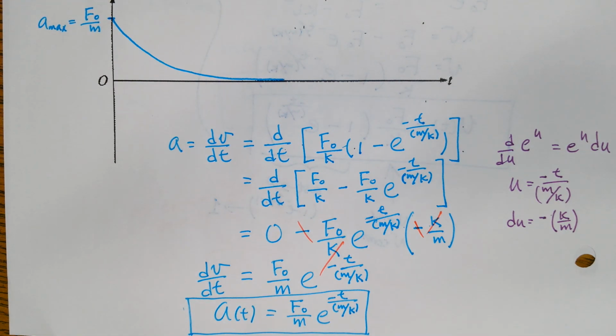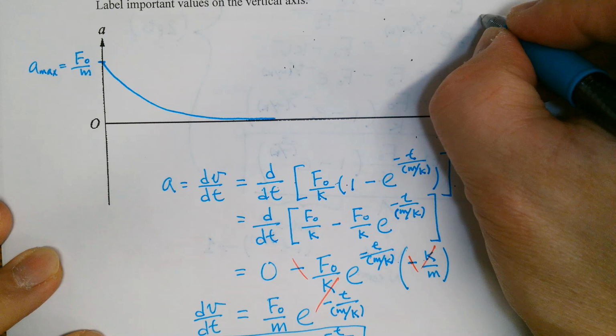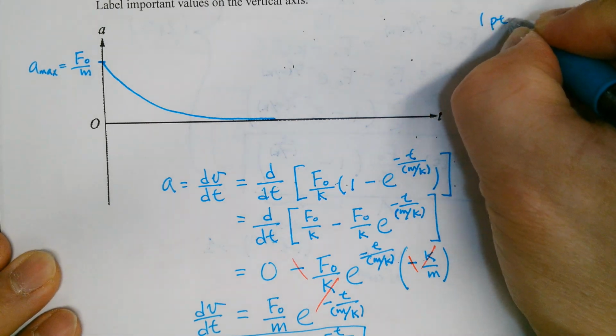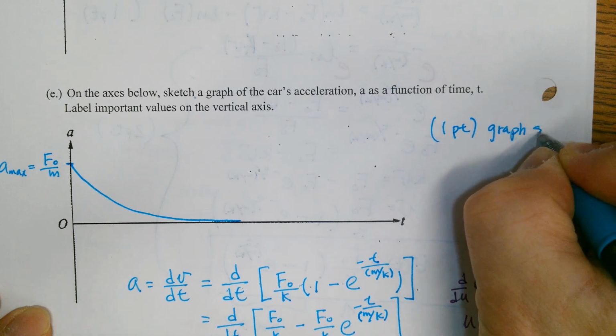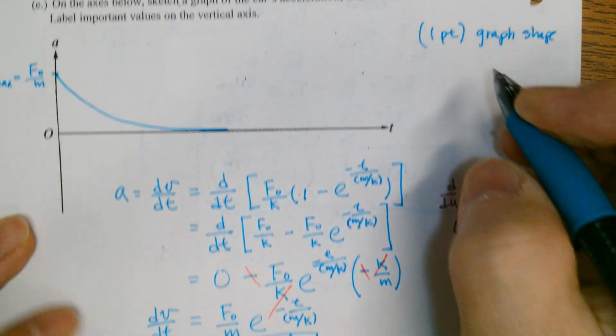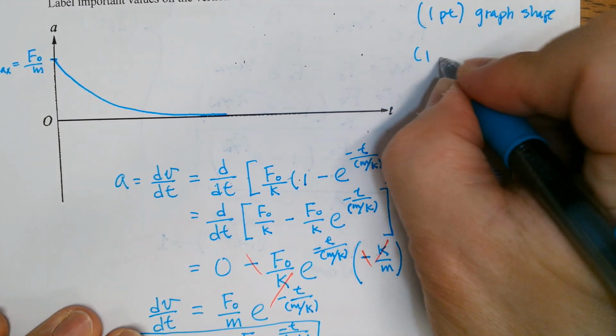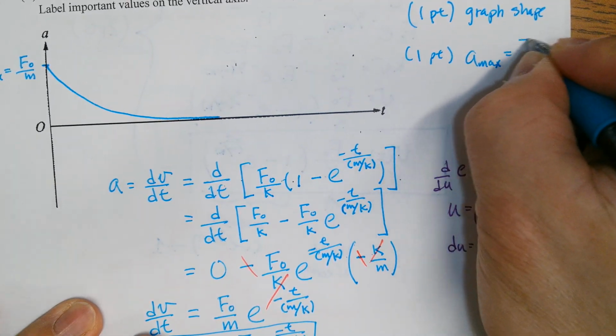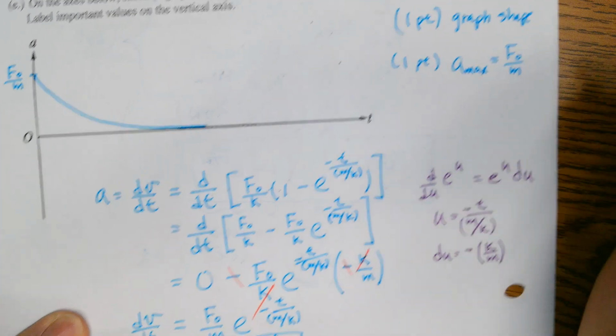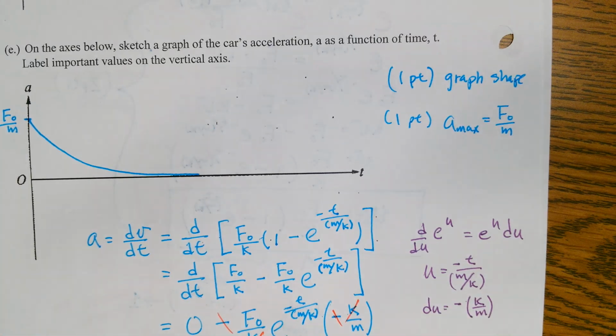Having the correct graph shape will be worth 1 point, and recognizing that A max is equal to F naught over m will give you the other point.